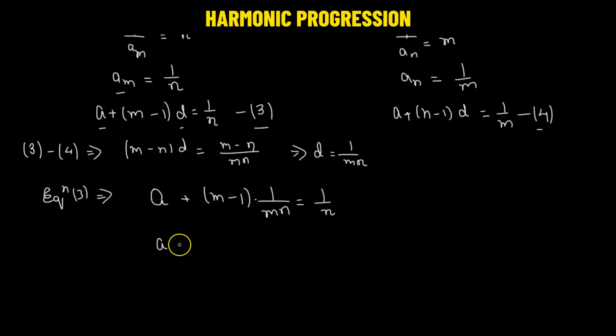So we have a plus m over m times n minus 1 over m times n equals 1 over n. So we can factor out 1 from the numerator and the denominator. That leaves us with a equals 1 over mn, because clearly 1 over n from the left hand side and the right hand side will get cancelled out. So we have obtained the value of d, and we have obtained the value of the first term a.